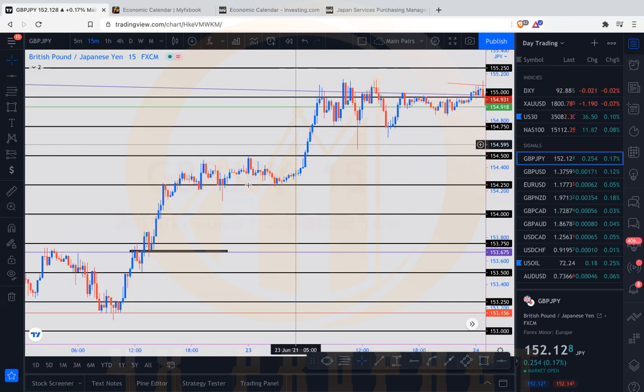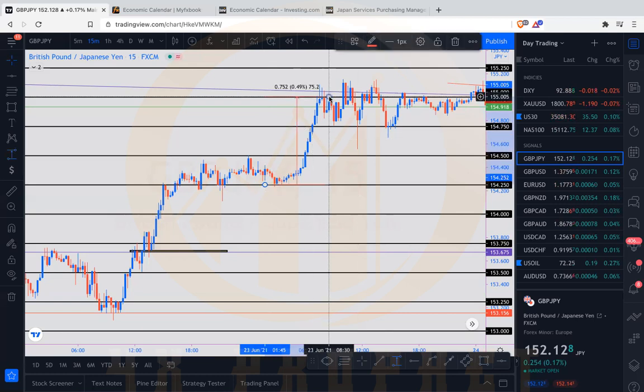So if you know 250 is where your entry is, you can aim for 155 because that's a 75 pip move. 25, 50, 75 pips. I know most people think I'm stupid, so we could use a tool and just drag it. 75 pips, exactly. And this is how you could easily do a 1-to-3 risk-reward ratio with GJ.